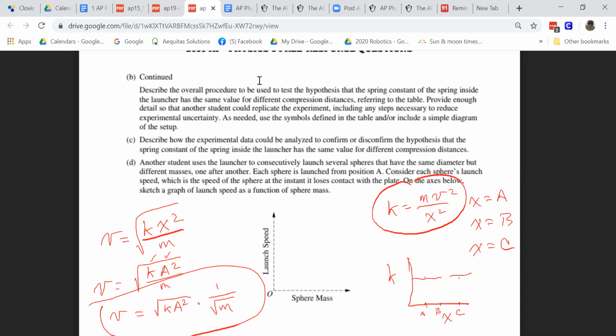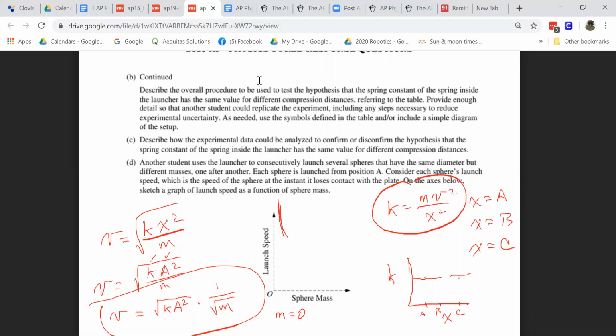Y equals 1 over the square root of x, because that's what the shape of this is going to look like. Well, let's see. Let's say m is equal to 0. Well, then that means that this will go to infinity. So it's going to blow up. It's going to have a shape like that.